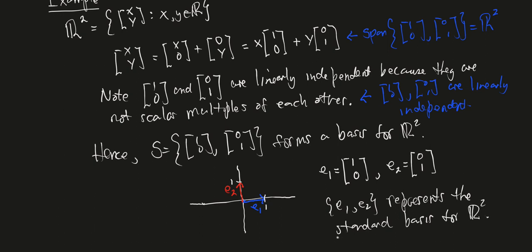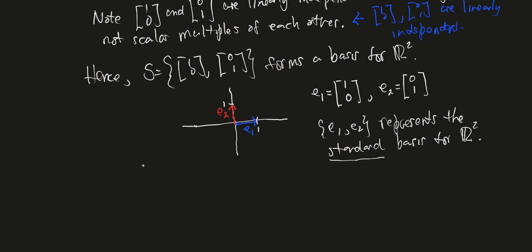So the fact that we refer to this as the standard basis, it is almost implying that there could be other bases for R2. And yes, as long as we can find two linearly independent vectors in R2, they would form a basis for R2, right? So let's make this note.